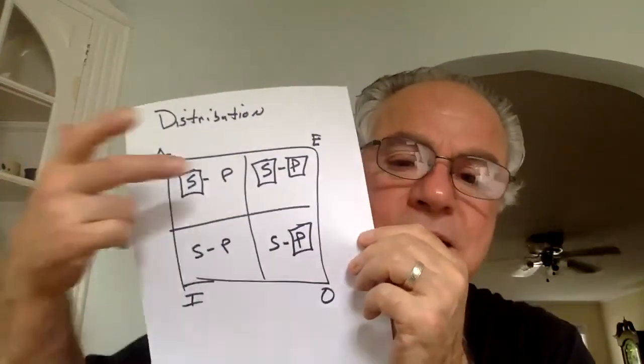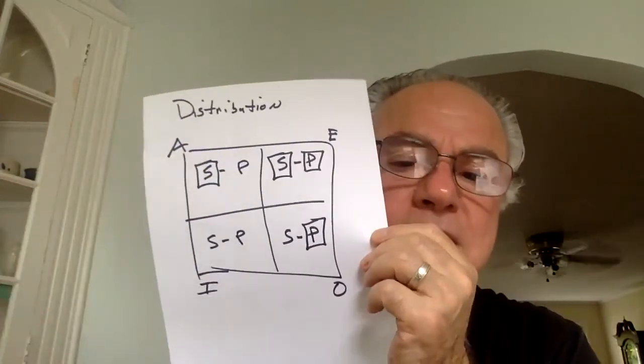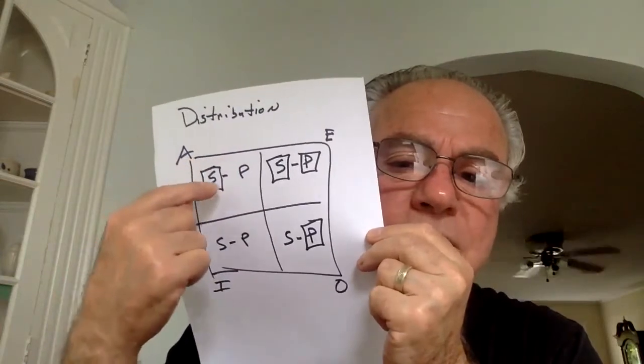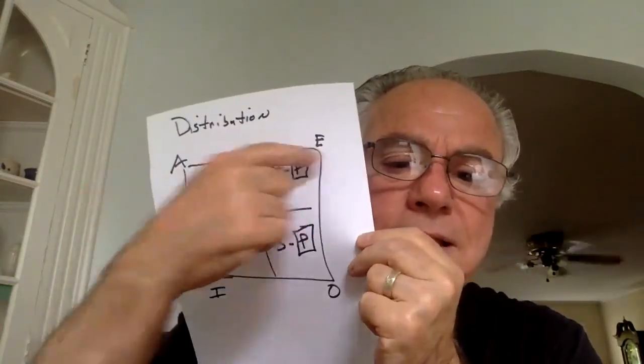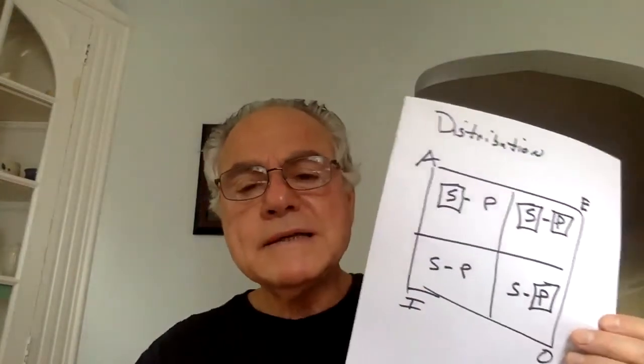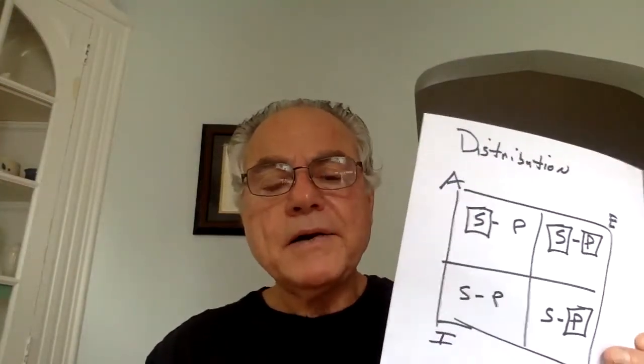Do both, actually, but memorize this. So I made a little diagram of distribution. And that square, so there's A, E, I, and O propositions. And what you have to realize is that distribution means whether or not all or part of a category is included or excluded in another category, subject and predicate categories or classes.